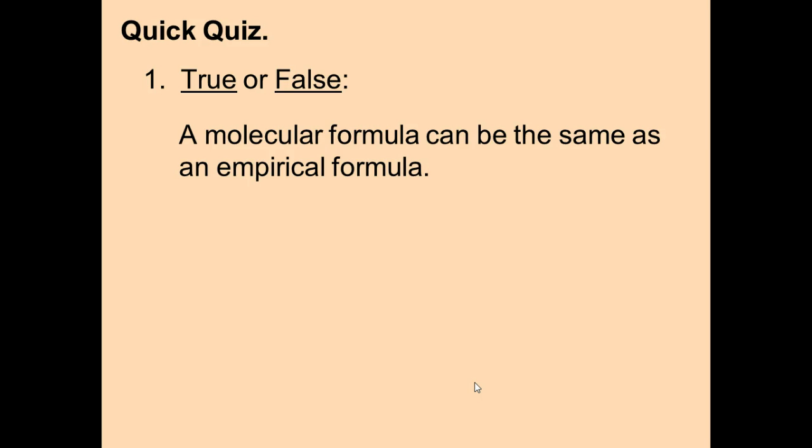Here's a quick quiz. A molecular formula can be the same as an empirical formula. If you remember, we had one example, formaldehyde, where the molecular formula was the empirical formula times 1, so it's exactly the same. So this is in fact true. Here's the same explanation.